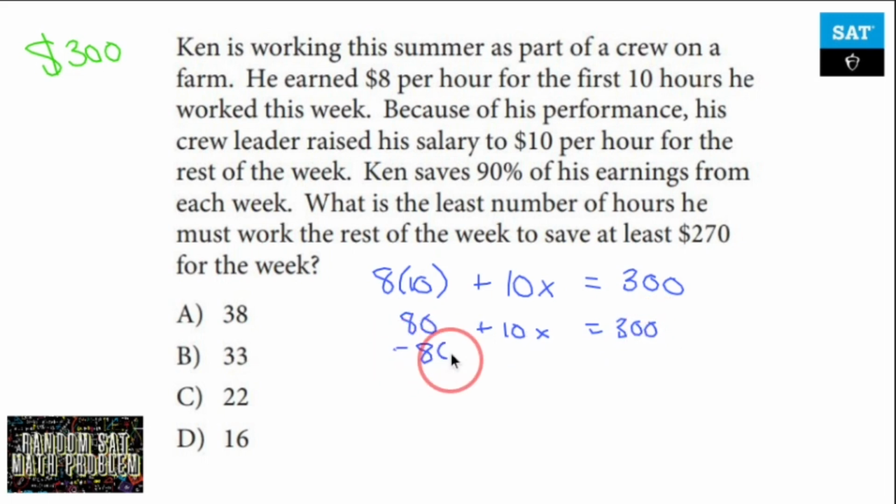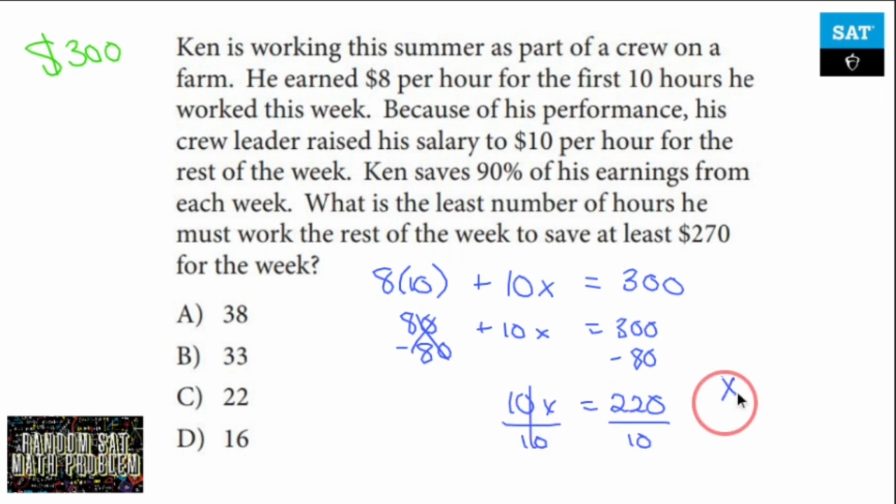Let's subtract $80. 10x equals 220. Divide both sides by 10, and you get x equals 22.